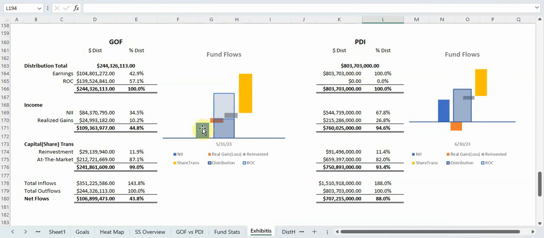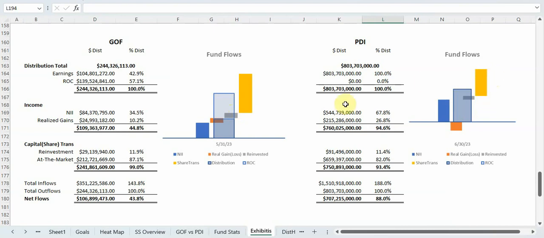You can also see that with net investment income and realized gains, GOF just covered the earnings portion of their distribution while relying on reinvested distributions and their at-the-market facility for the return of capital portion of their distribution. PDI didn't claim any ROC, so all the money received from them was allocated to the earnings portion of their distribution, with the excess from their at-the-market facility to be carried over into future periods.